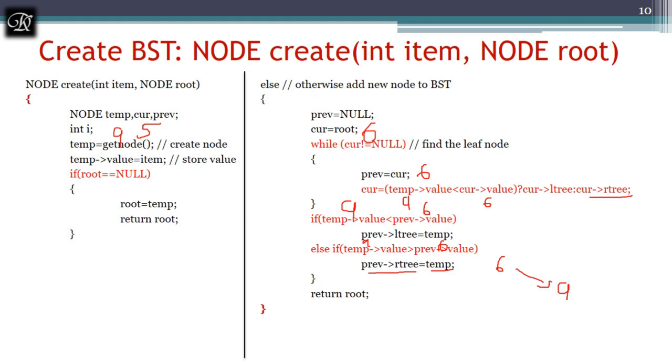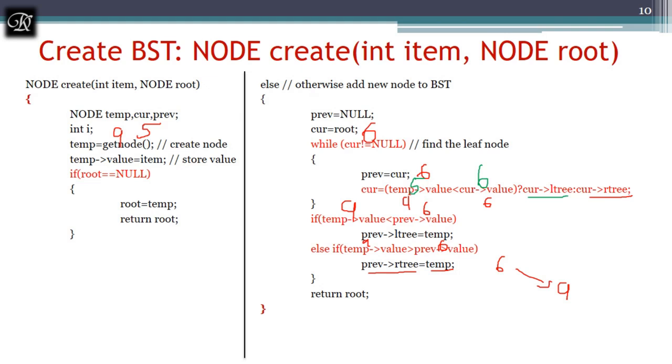Let me take a different color to represent this. Yes. Now I am going to check: 5 is smaller than 6. Yes, 5 is smaller than 6. This is true. Then this is going to connect with the current left tree. Now check whether the current left tree is null.